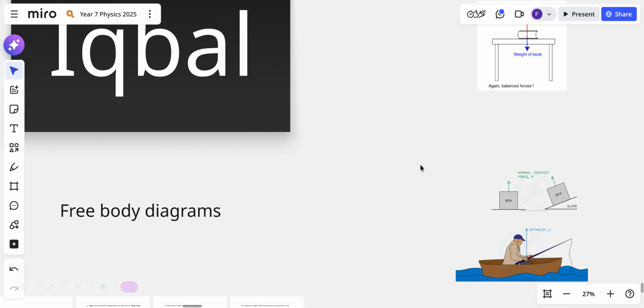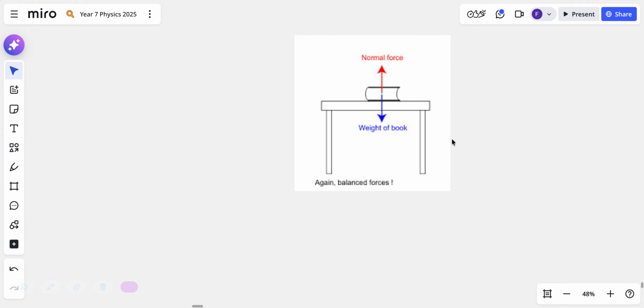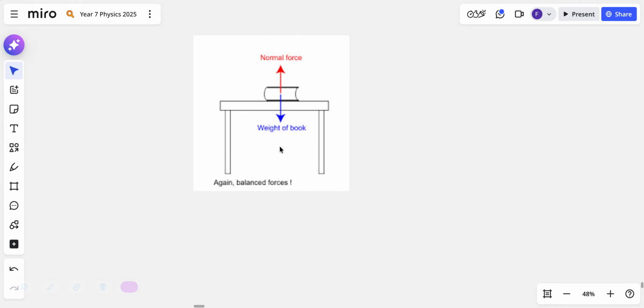What I mean by that is I'm going to start with the classic, a book on a table. This to me is a free body diagram, but it's too complicated. It's too much. One of the problems in physics is when students are given a question, they don't draw it out. We want a very easy way of drawing things out. Can you imagine trying to draw a book and a table out? It's just too much.